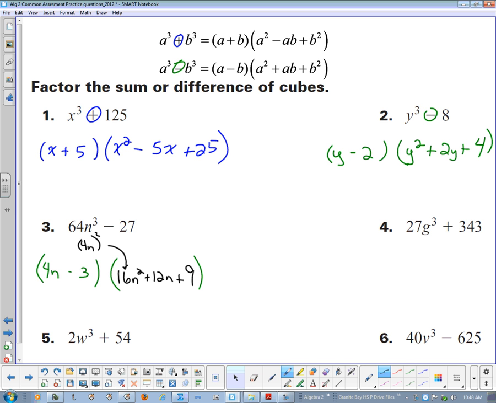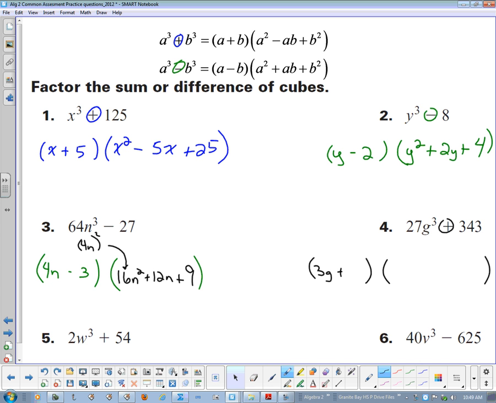Let's see how you have to work through this. Look in your book. You'll do a bunch of problems like this. Number 4 over here. Let's try this. Binomial times a trinomial. Cubed root of 27 is going to be 3t. Since it's a plus, look at the version. We're going plus minus plus after, so this is going to be plus.